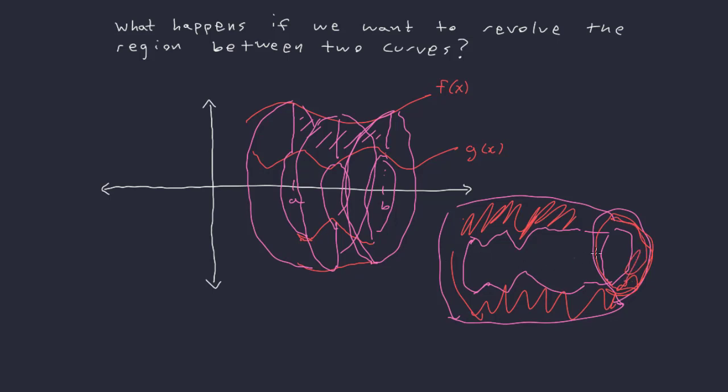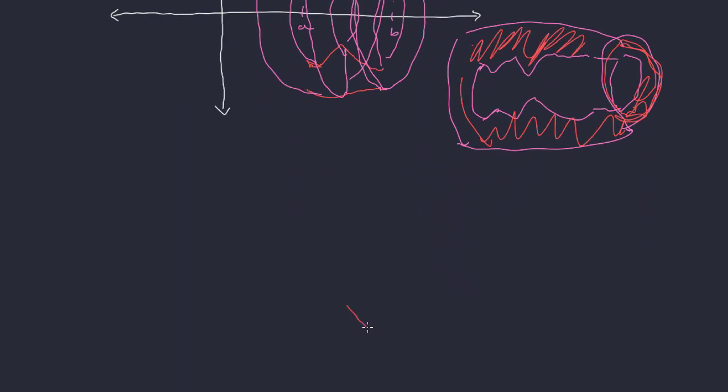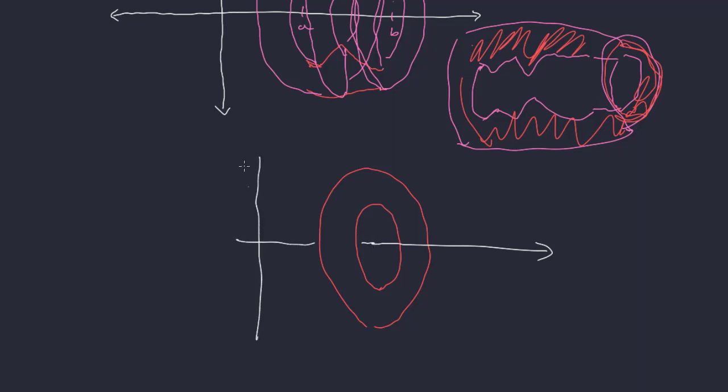Right, and we have this region on the inside that's open. Well, it turns out this is what's called the washer method, which is the same thing as the disk method. And it stems from the fact that what we're actually revolving are what you would call washers.